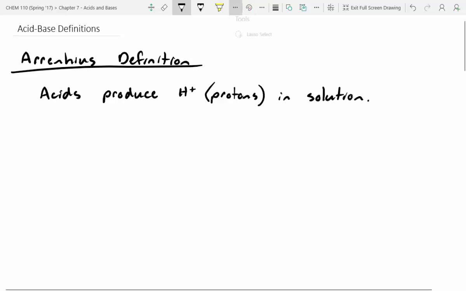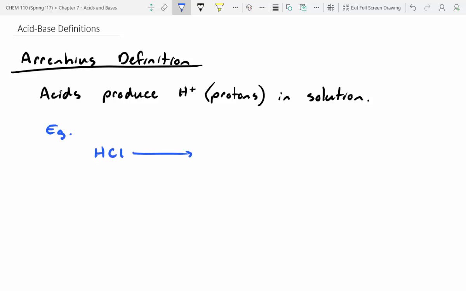So let's take a look at an example of this. Let's say I have HCl. We know it's acidic because it will dissociate into H+ and what else? Cl-, right? So chloride. If we have HNO3, what do you think it's going to dissociate into?